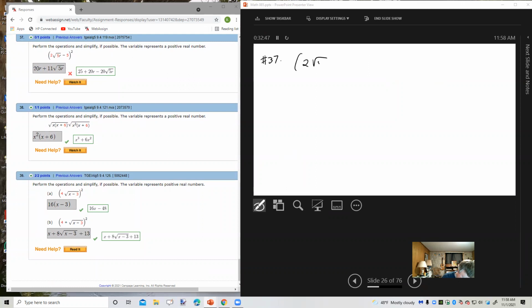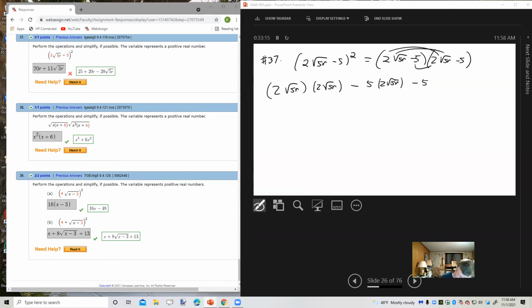Okay, 2 square roots of 5r minus 5, the quantity squared, is 2 square roots of 5r minus 5 times 2 square roots of 5r minus 5, which is 2 square roots of 5r times 2 square roots of 5r minus 5 times 2 square roots of 5r minus 5 times 2 square roots of 5r, and then plus 25.